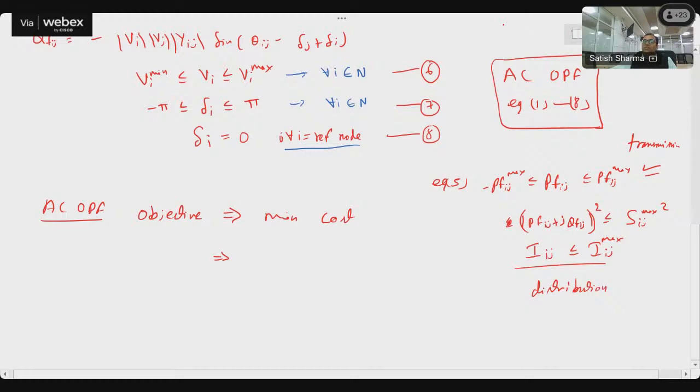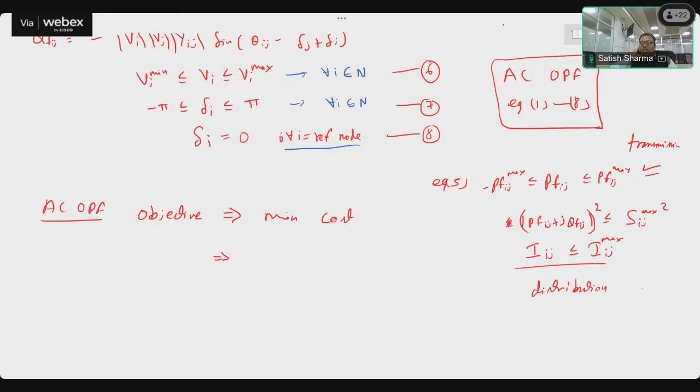Usually we do not define reactive power limits and apparent power limits for the optimal power flow. Generally in transmission it is active power flow limits, and in distribution we define a current limit. Okay, so I think I'm able to answer your question. If you have any more questions, any one of you, you can put that question there.